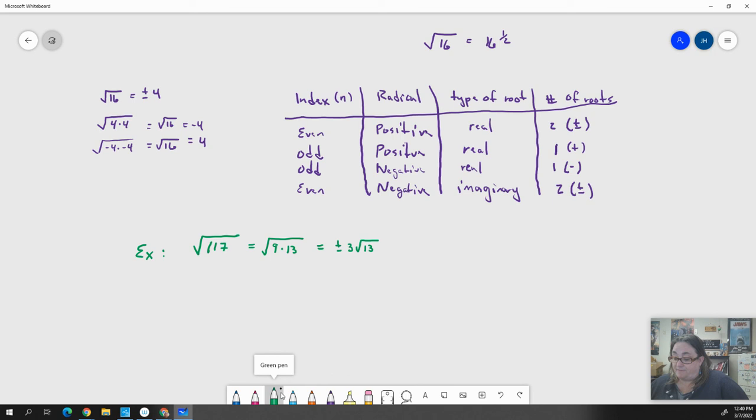So I have something like 4 times the square root of 320. Well, if I look at that, I've got 4 times this square root still, but I can break up 320.